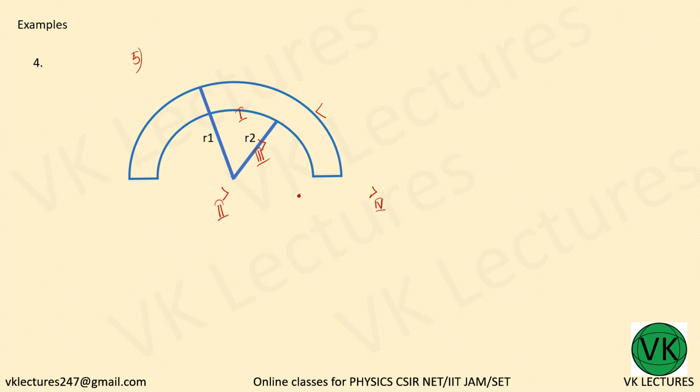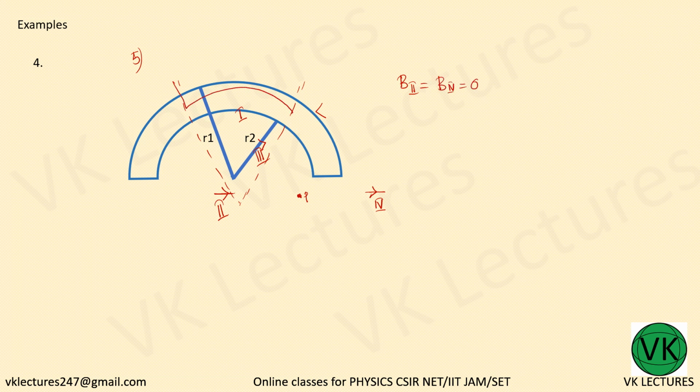Okay, so how will we find it? First we can consider the second portion and fourth portion, as both these portions are in line with this point, so these two portions will produce a zero magnetic field at this point. So the magnetic field due to the second portion as well as the fourth portion will be equal to 0.